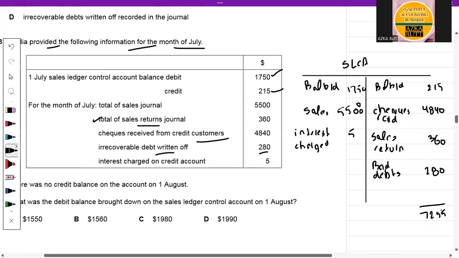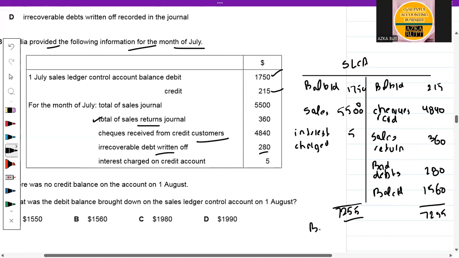Okay. So if we total it, this is 7255, and now deduct basically. Your credit side is less than your debit side. So if you deduct all these amounts, you will be having your balance CD, which is 1560.